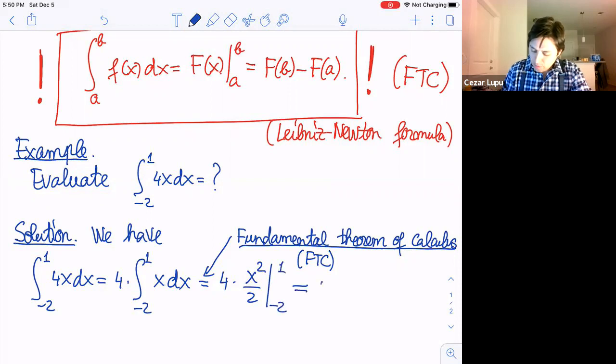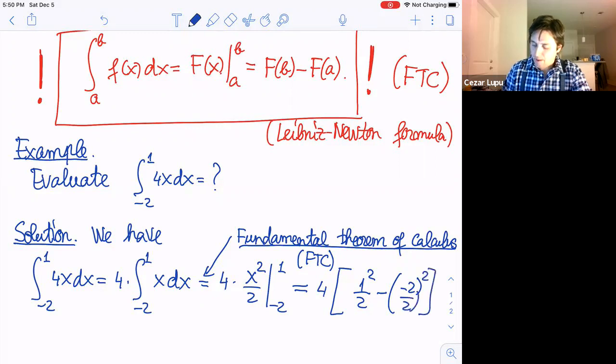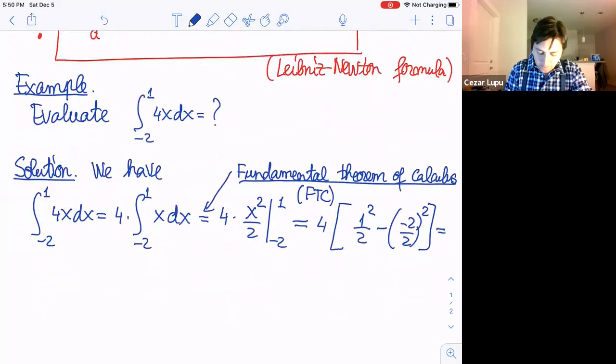And this would be equal to 4 times 1 squared over 2 minus, and we should be careful now, (-2) squared over 2. And this would be equal to 4 times, this is 1/2 minus, this will be (-2) squared over 2.